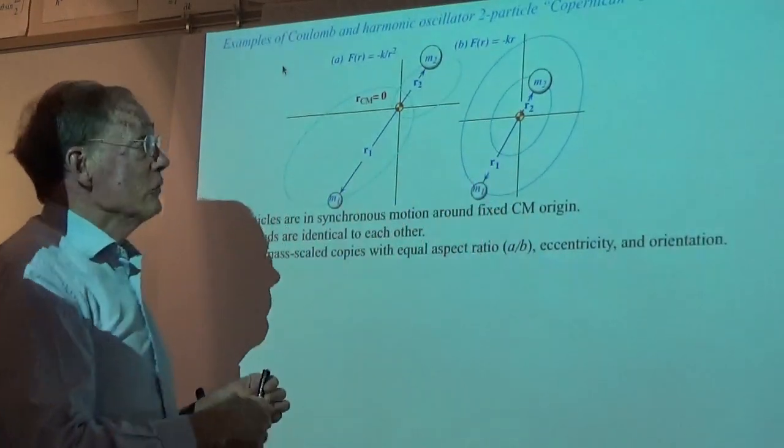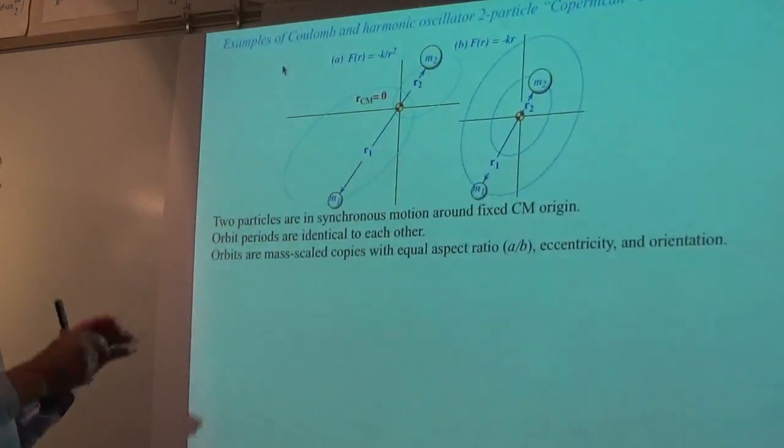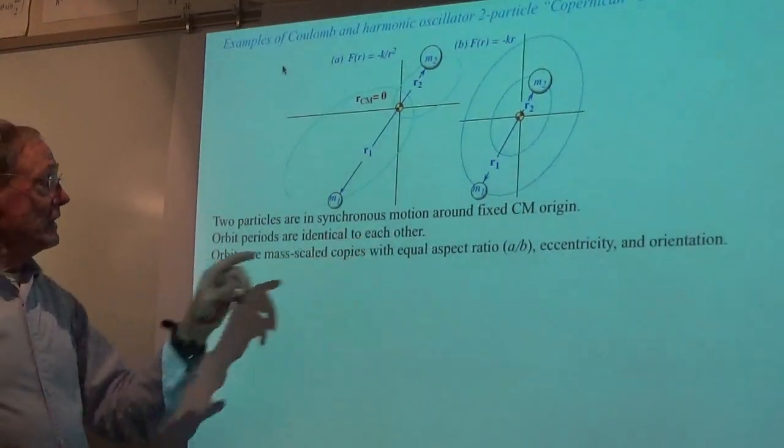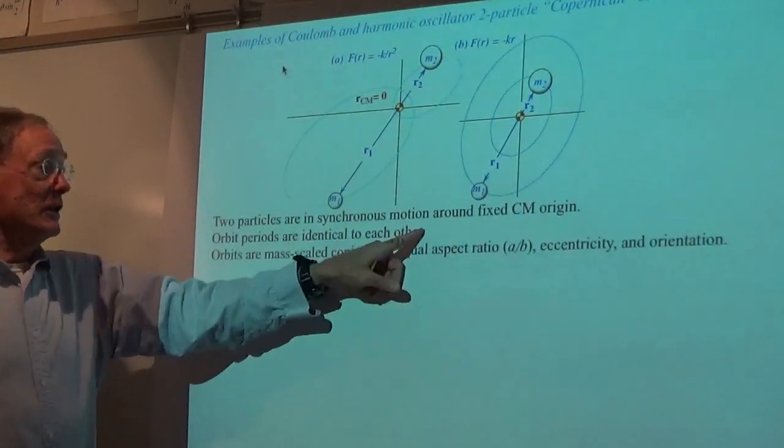We then reduce the problem to two orbits that are essentially identical to each other. The periods are identical.